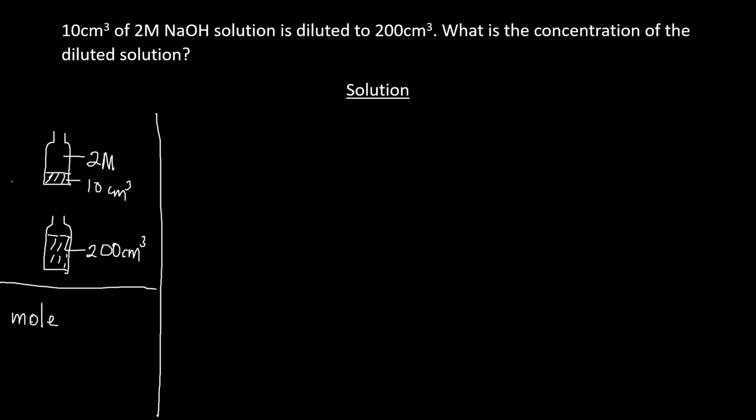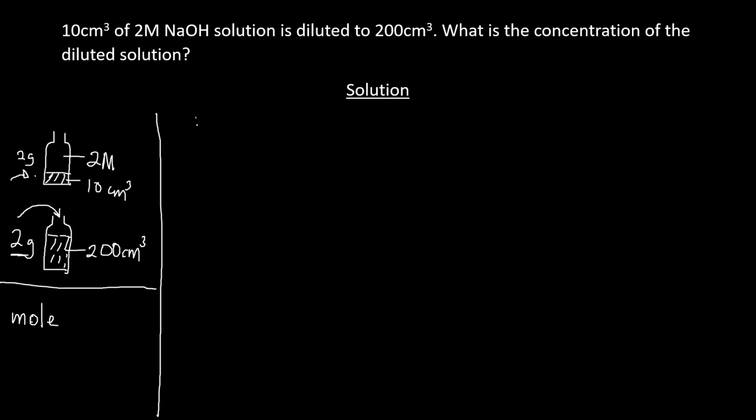Because let's assume you put 2 grams of a solute in to form this particular concentration, and then add more water to get to 200 cm cube. The fact is, you've not changed the 2 grams. You've not done anything to the 2 grams. The 2 grams remain the same. That's basically the idea.